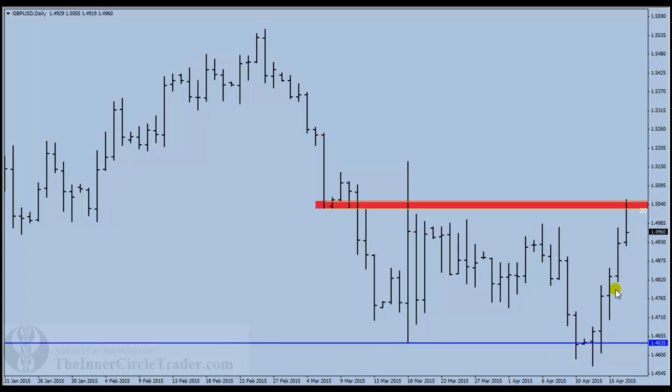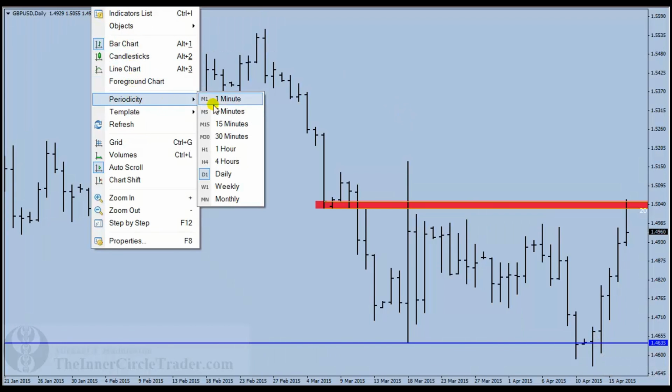Okay, I mean that's it. You want to be looking at that, and we're going to look at that here. We understand that we went down into an old low here, okay, and we're going to look at the idea of what takes place each day, and we're going to go down to a 15-minute time frame.